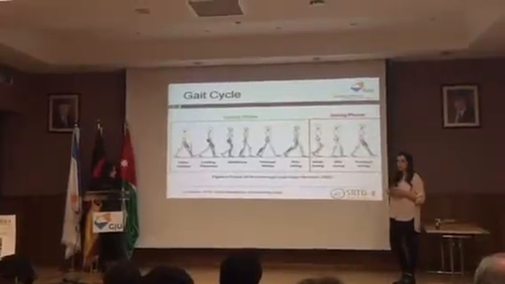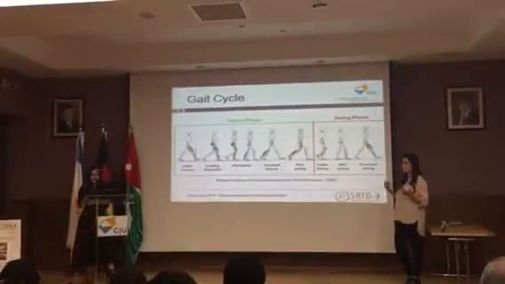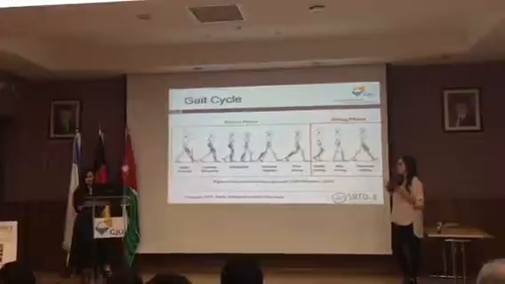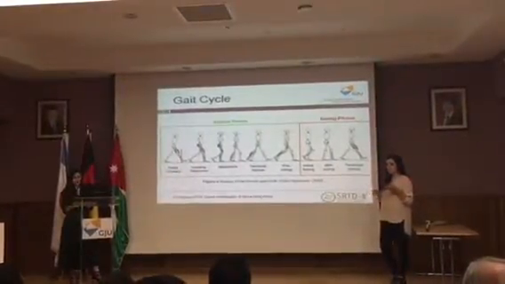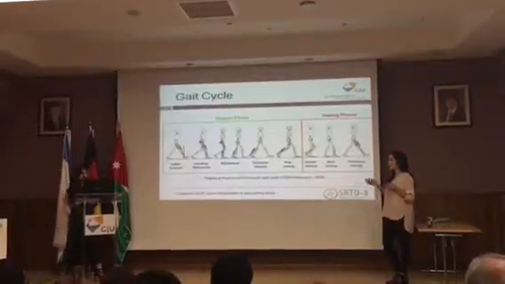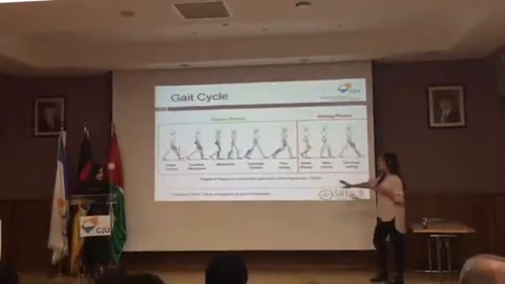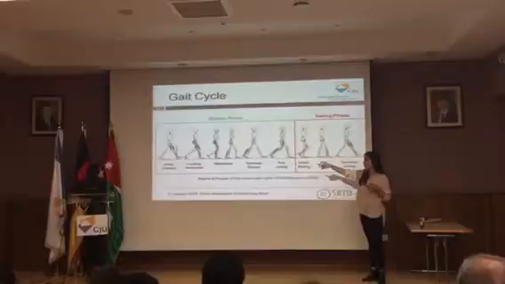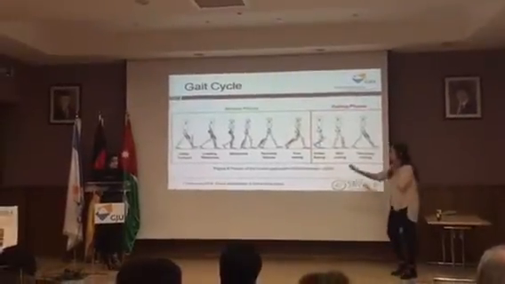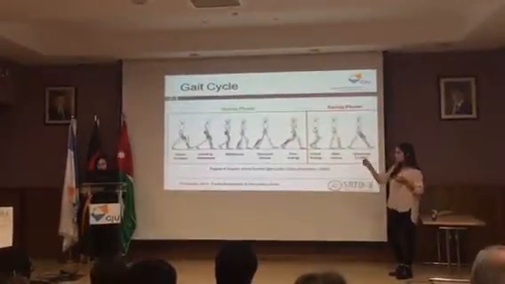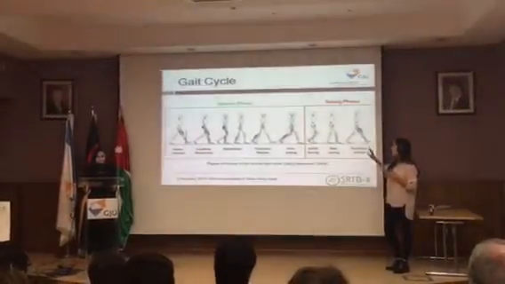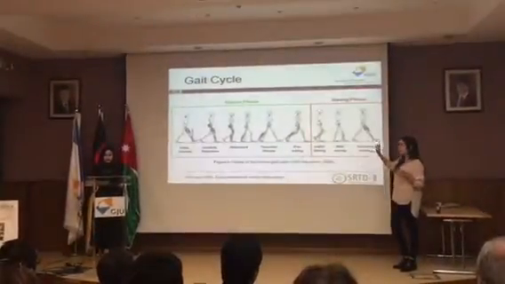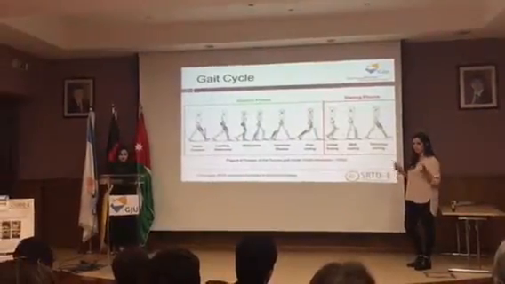A very important concept to understand is the gait cycle, because our design is really focused on achieving movement similar to the gait cycle. The gait cycle consists of 2 phases. First, we have the stance phase, shown in green. It is divided into various parts: the initial contact, loading response, mid-stance, terminal stance, and pre-swing, and it takes up 62% of the total gait.